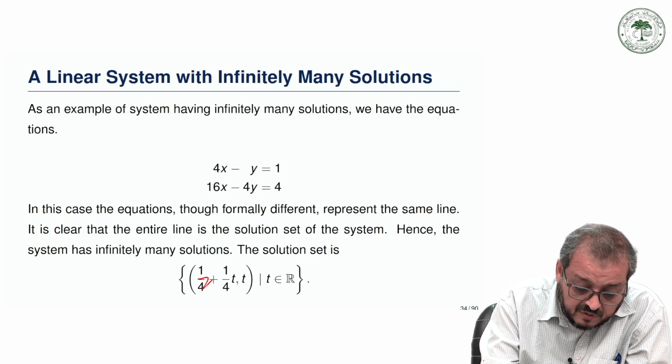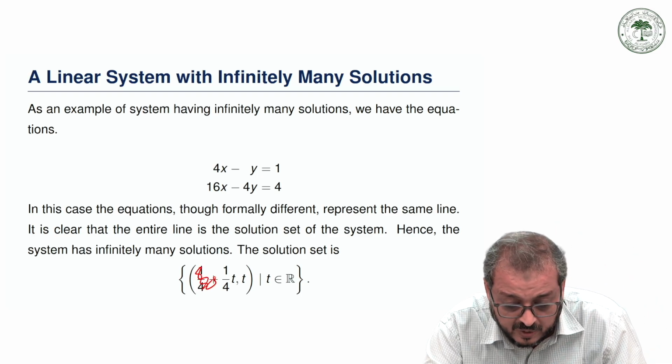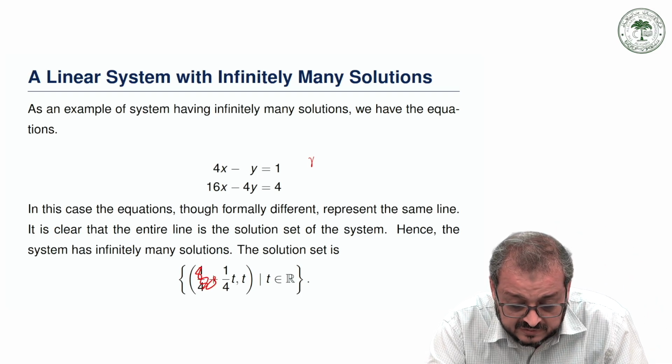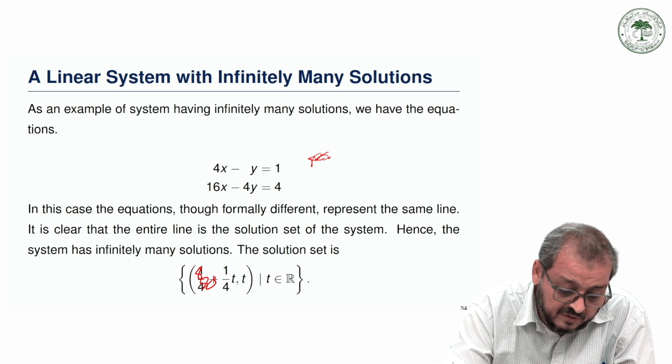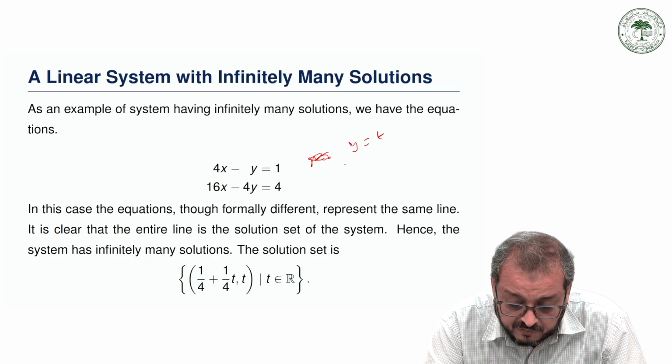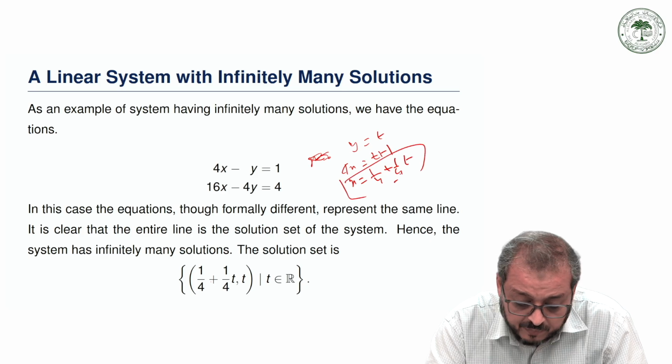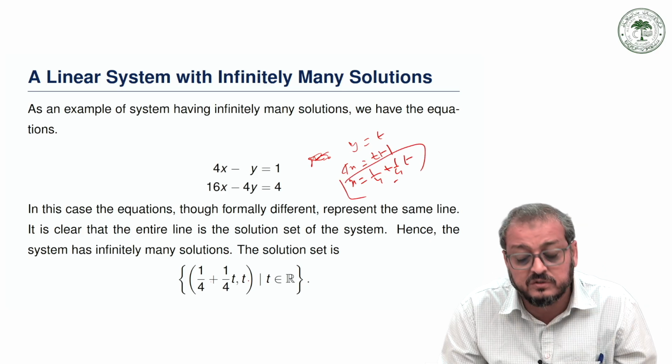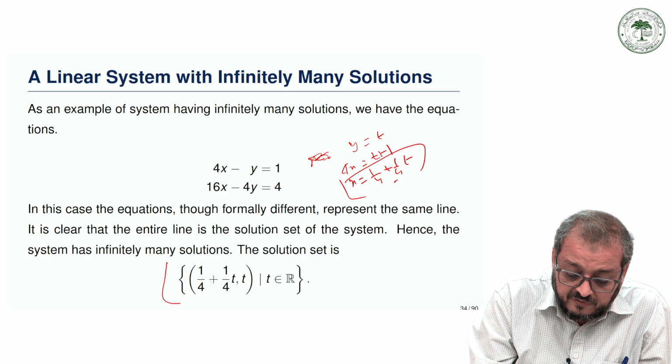This is because, if we take y is equal to t, then 4x is equal to t plus 1, then x is equal to 1 by 4 plus 1 by 4 t. Hence the solution set is in this form.